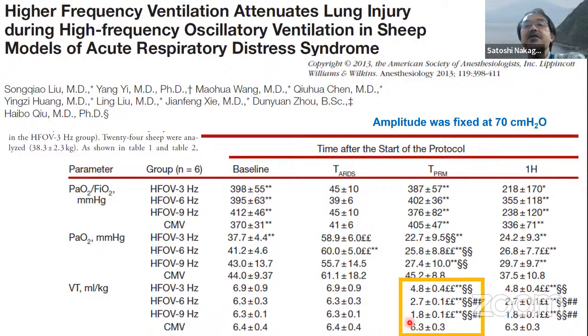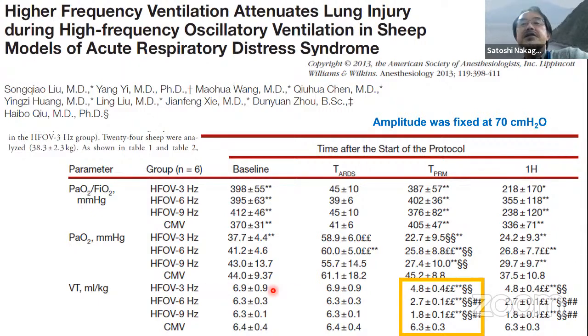The tidal volume was controlled around 6 ml per kilogram. And in the high-frequency oscillation, they fixed the amplitude, even though they changed the 3 different frequencies. So they used 70 centimeters of amplitude in the high-frequency oscillation. As a consequence, they measured the tidal volume at each frequency.